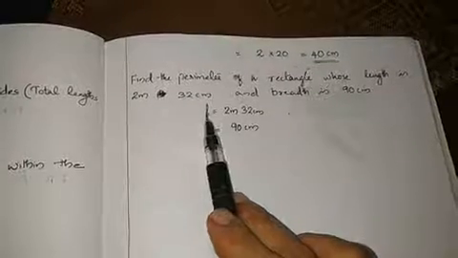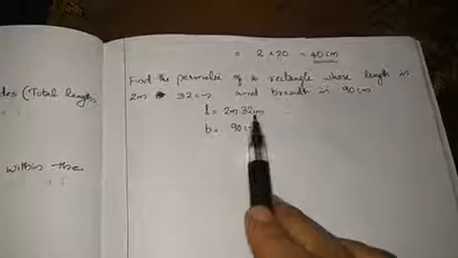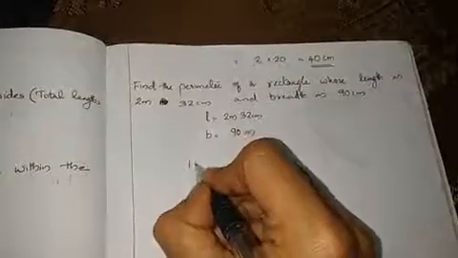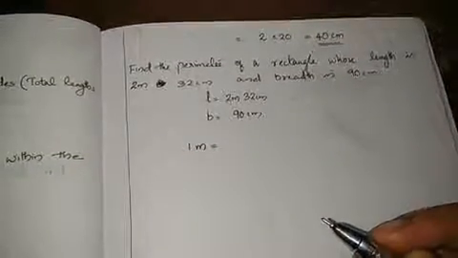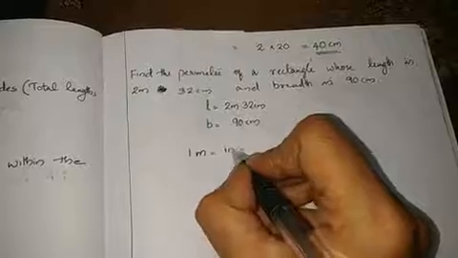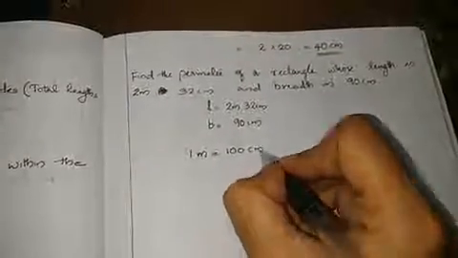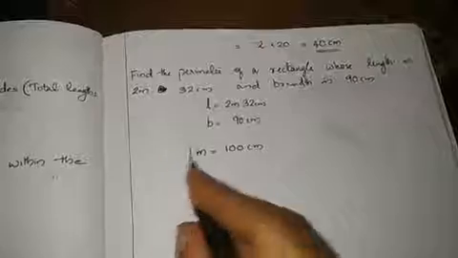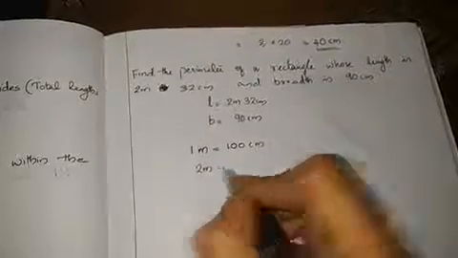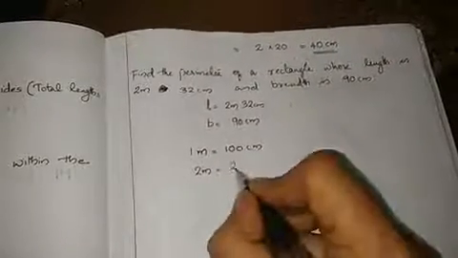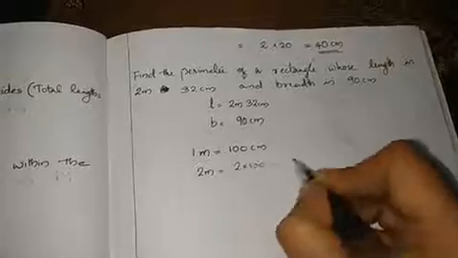So I am going to convert this length into centimeter. 1 meter is equal to how many centimeter? 1 meter equal to 100 centimeter. Here 2 meter. So 2 meters equal to how many centimeter? 2 into 100, that is 200 centimeter.